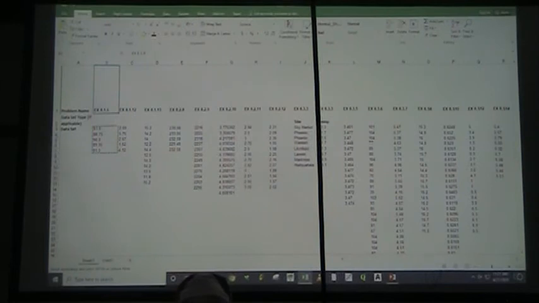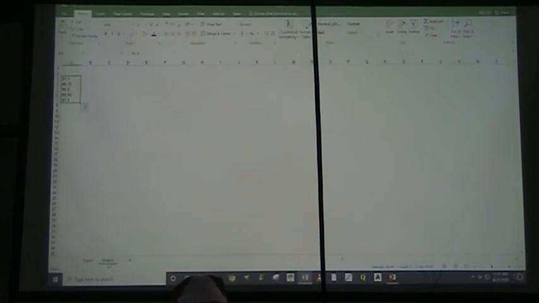I'm going to go ahead and copy this so that I can, first of all, rename the sheet, and second of all, mark this as example 8.1.6.